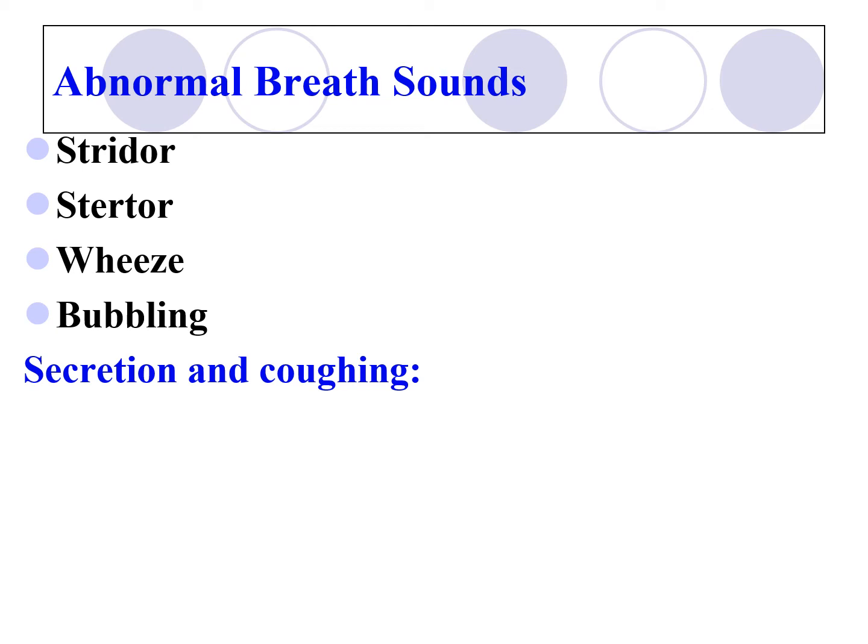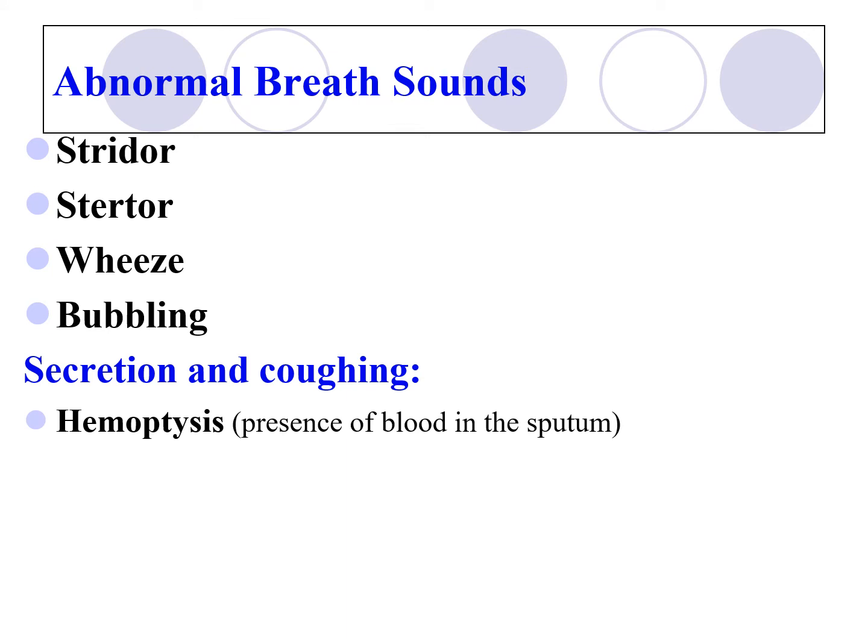All of those, the secretion, interfere with the breathing sound and lead to those changes in sound. Hemoptysis might be there also in case of secretion. The presence of blood in the sputum is called hemoptysis. It might happen in case of severe infection.